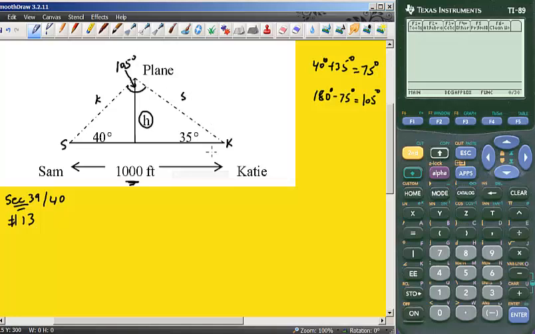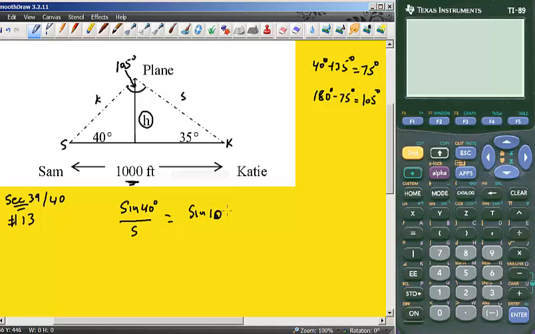We need that because the big triangle is not a right triangle, so we can use the law of sines. We can just find side S. So sine of 40 degrees is to side S as sine of 105 degrees is to side 1000.